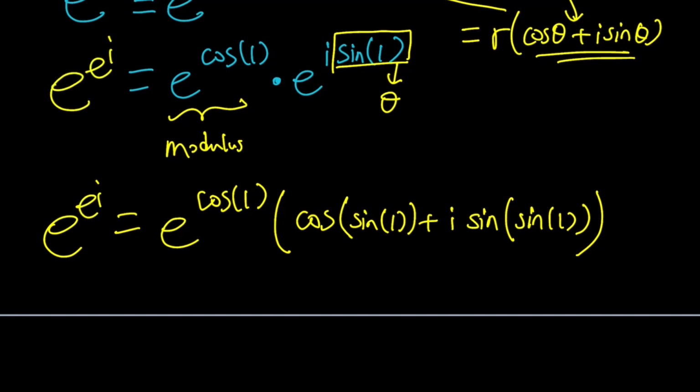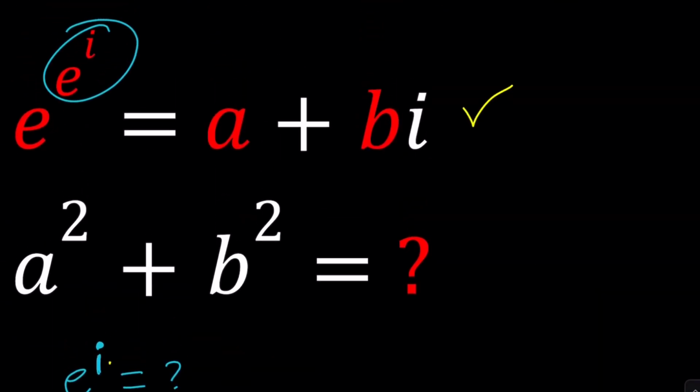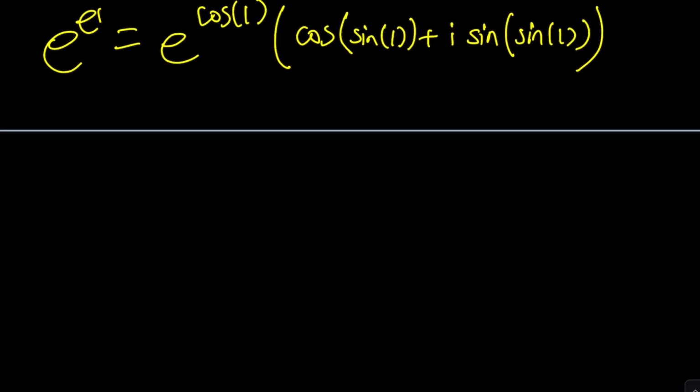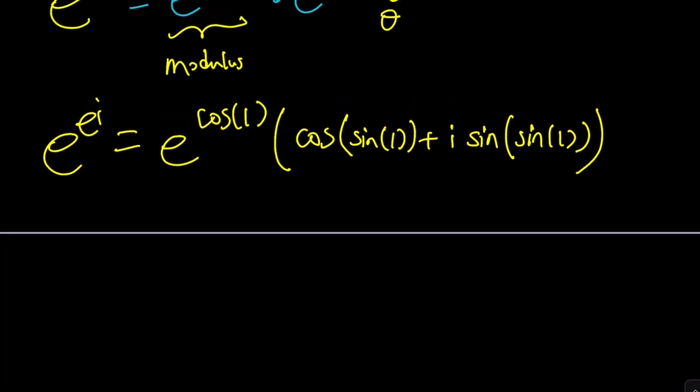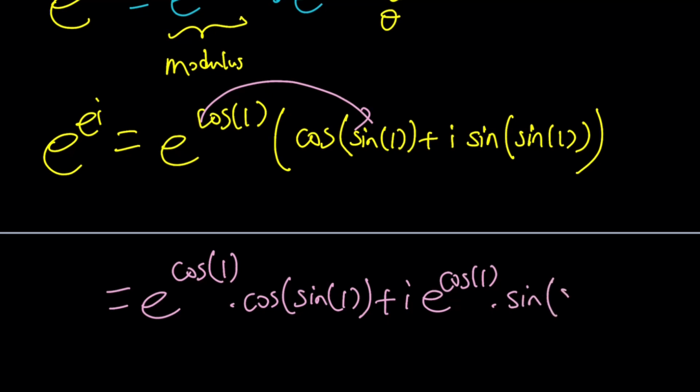And we're supposed to write it as a plus bi, right? Remember, the given problem told us we're supposed to do this. So how do you write this as a plus bi? We can go ahead and distribute. Exactly. So this can be written as e to the power cosine of 1 times cosine of sine of 1 plus i times e to the power cosine of 1 times sine of sine 1.